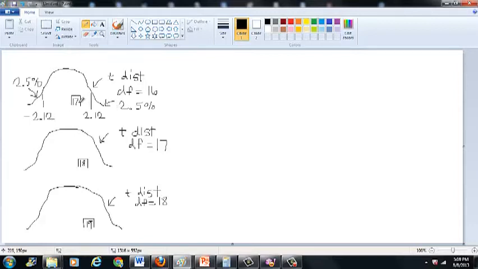Which means as long as our group of 17 people gives us a t-score that's at 2.12 or higher, or if it gives us a t-score of negative 2.12 or lower, or further to the left, we can reject the null hypothesis.